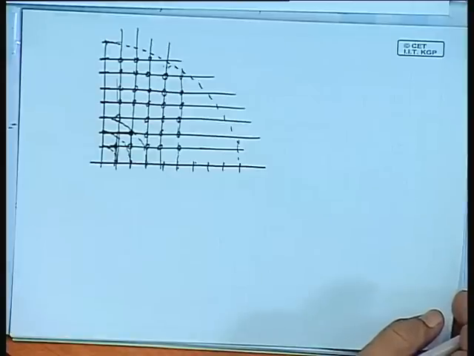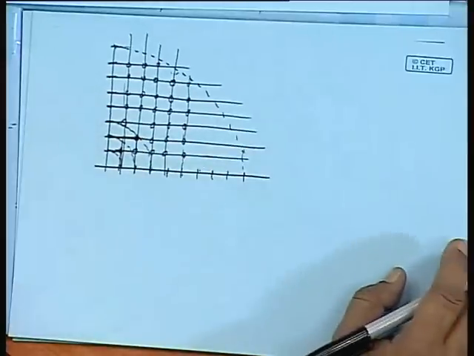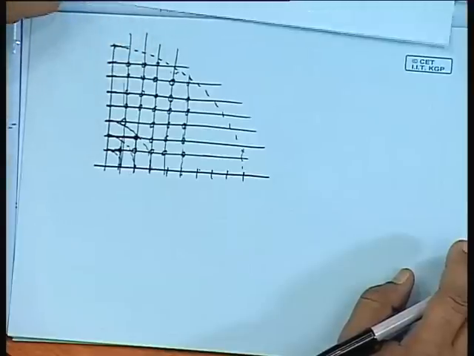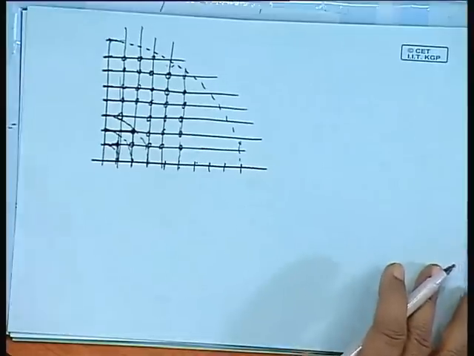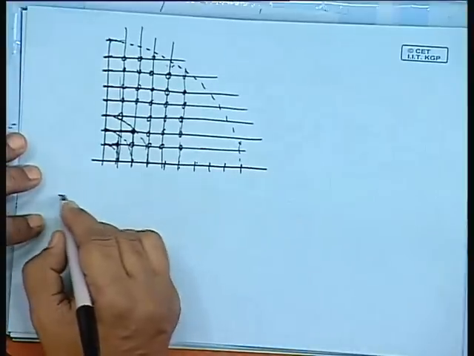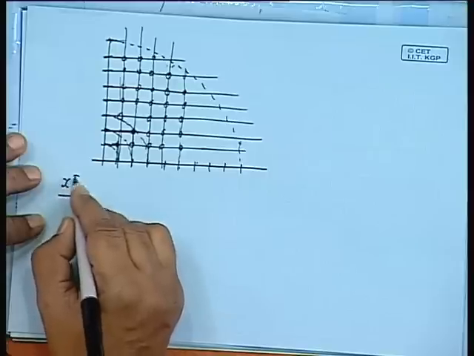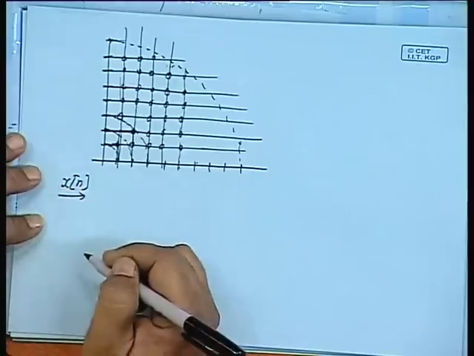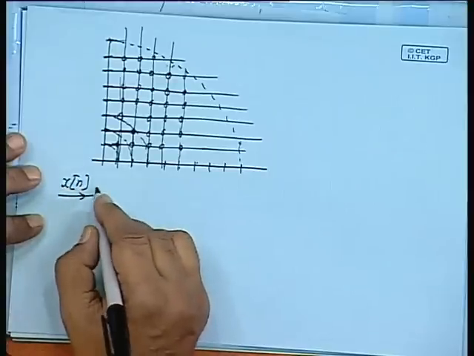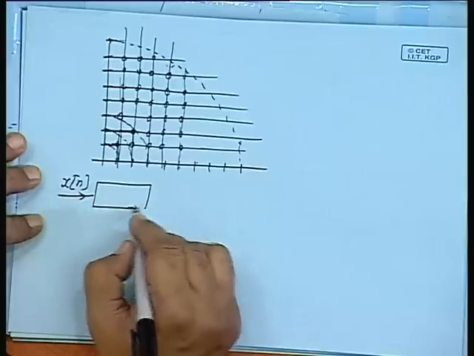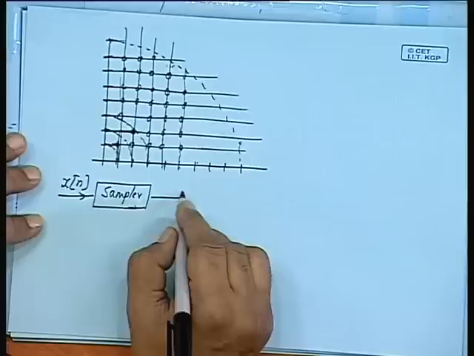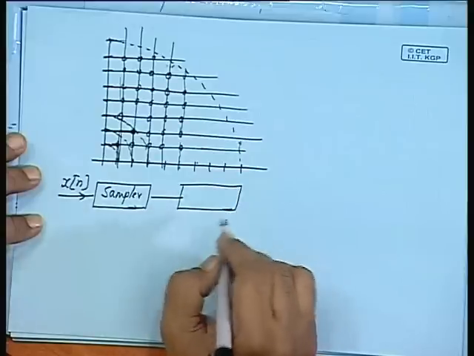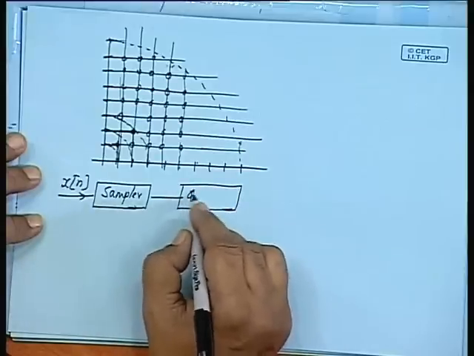Now, this is all about parameter quantization. Now, let us see the signal. When we quantize the signal, what is the kind of error that we get? We have a signal xn, and then sampler, and then you have quantizer.